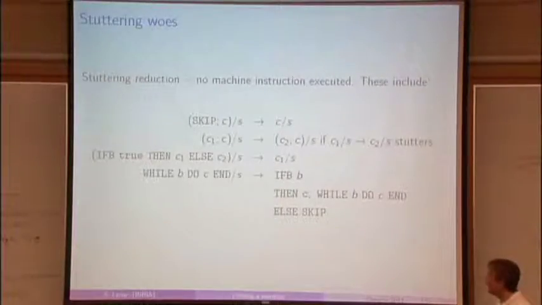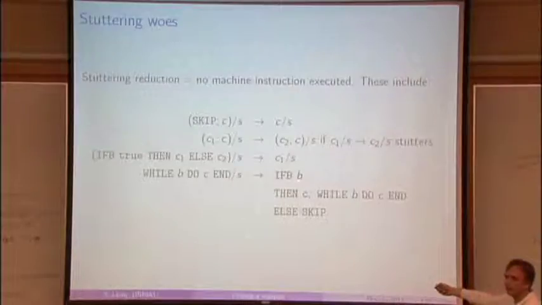And this reduction for while B do C, reducing to if B then C followed by the while, else skip. Again, as we will see later, the machine is not making any progress here. It will make progress when B gets tested.